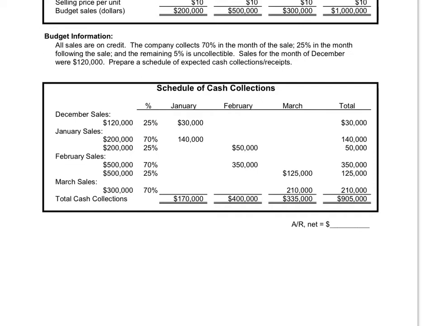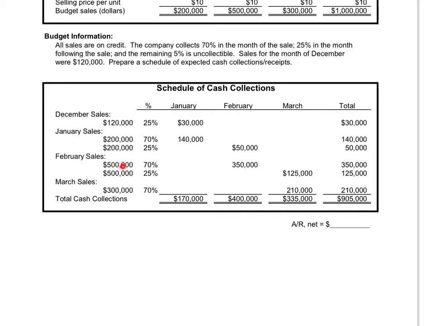So take the 200,000 times 70%, and that is what we're going to collect in January. And the remaining 25% we will collect in February. And again, remember this 5% we're never going to collect, so we're not going to concern ourselves with it on this schedule of cash collections.